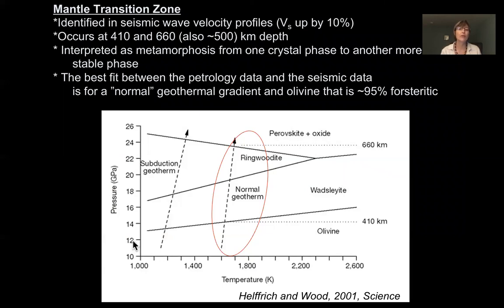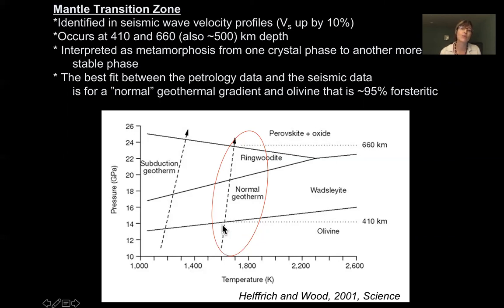And if we were to take a look at where the pressure matches what we think is a reasonable temperature distribution for increasing depth in the mantle, keep in mind here, we're starting at 10 gigapascals or 300 kilometers depth, and we're starting at about 1600 Kelvin.